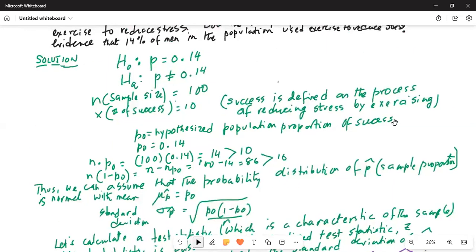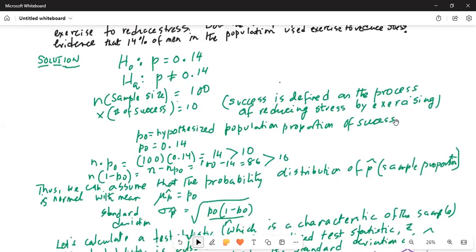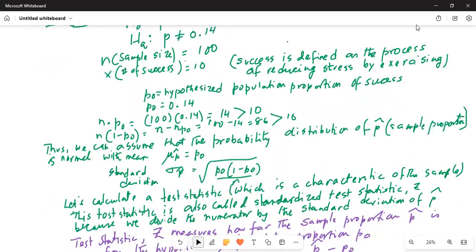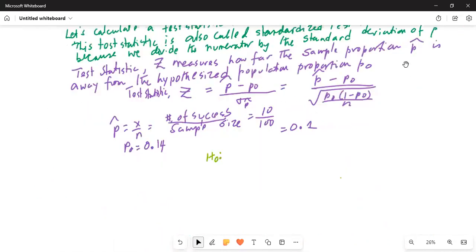P is equal to 0.14 and alternate P is not equal to 0.14. So let's write this down again.